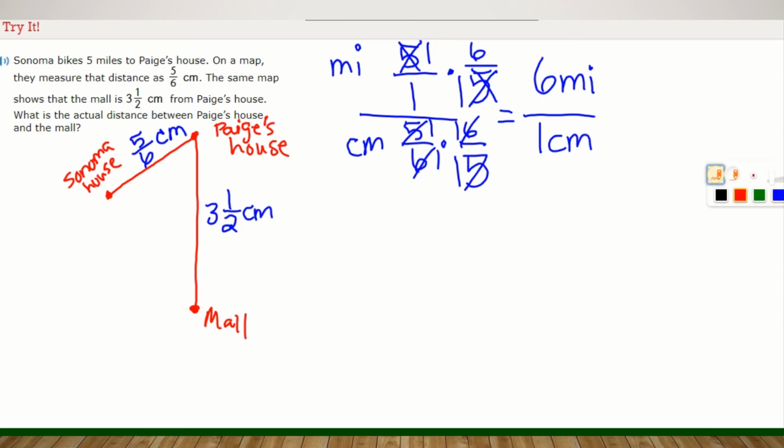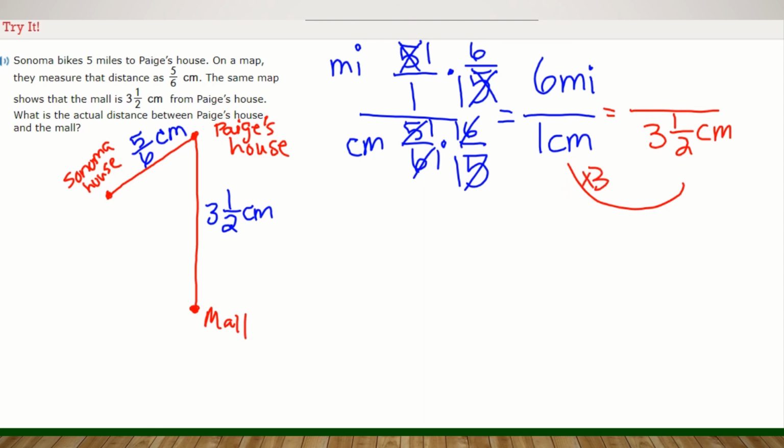So now I am trying to get 1 centimeter to 3.5 centimeters. Well, what did I do to 1 centimeter to get it to 3.5? I had to multiply that by 3.5. Now remember, maintain equivalency, so whatever you do to the denominator, you have to do the same thing to the numerator.